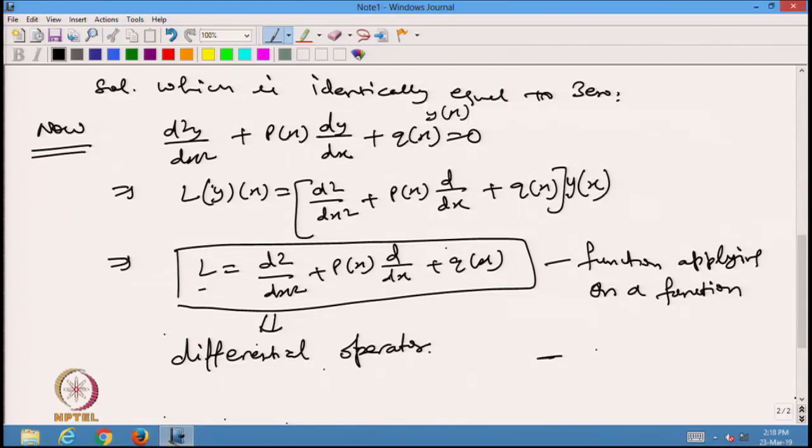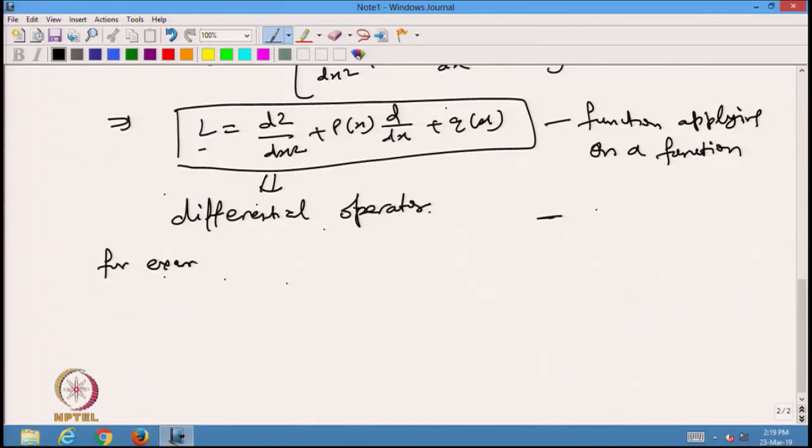For example, suppose I take L is equal to d square over dx square plus d by dx plus 2q(x). I take this operator and apply it on sin x.